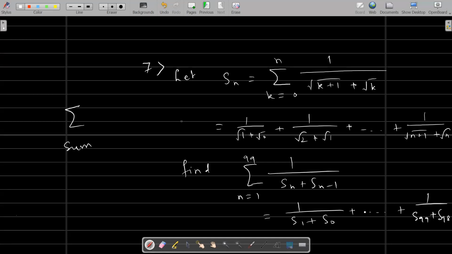Yeah, so firstly simplify this. Maybe you can simplify the general term, the kth term, by rationalization so that the denominator gets cancelled and you get something in the numerator. Simplify the expression for Sn and then find the sum. I'll give you some time and you can put answers in the chat box.